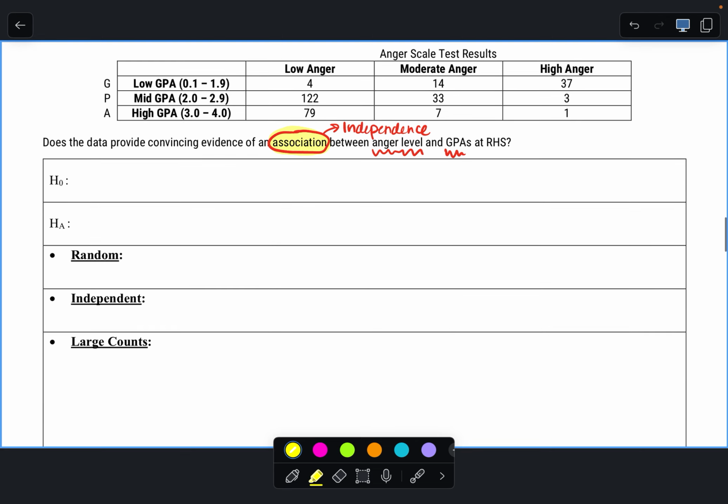So the null is the dull one. We are going to say anger level and GPA, the null is dull. No relationship between these two things, so I'm going to say they are not associated.